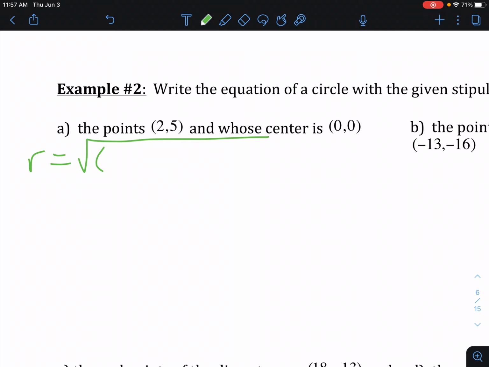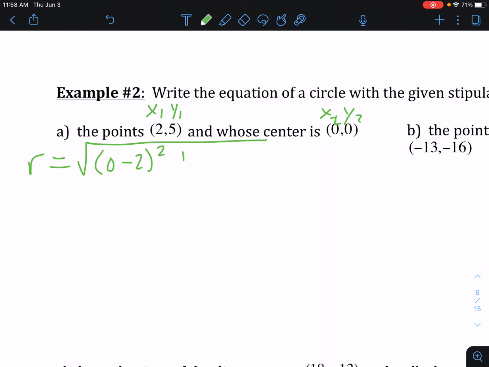So remember, we'll call this x1, y1, and x2, y2. So we're going to subtract the x's and then square, plus subtract the y's and then square.